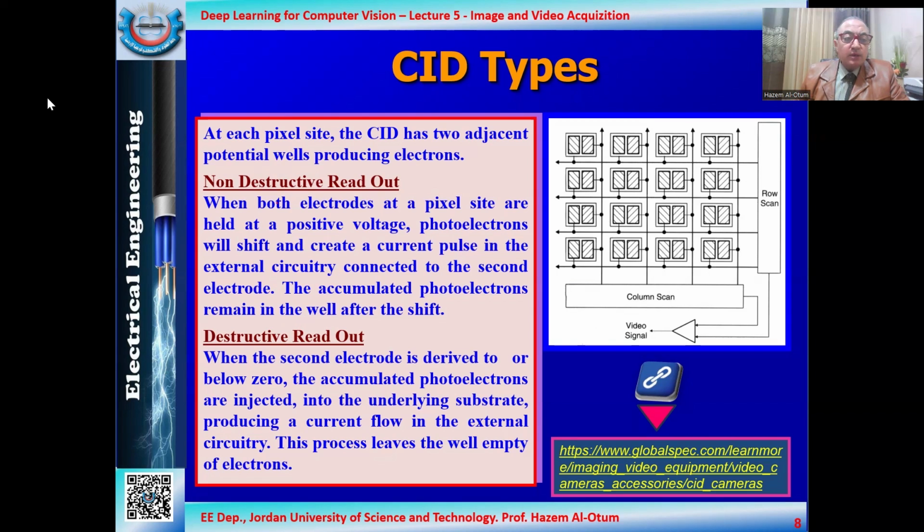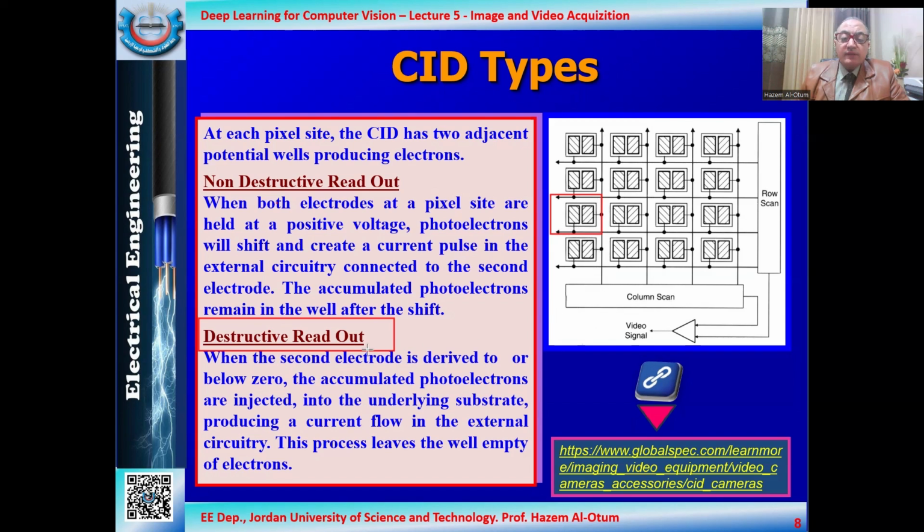In the destructive readout, the second type here, we are going to apply a voltage which is set to 0, and this will lead to, for example, a potential well that is not proper for us. We can just remove the charges or the electrons here that were caused by the exposure, and set it to 0 by reading it out, or by removing its value.